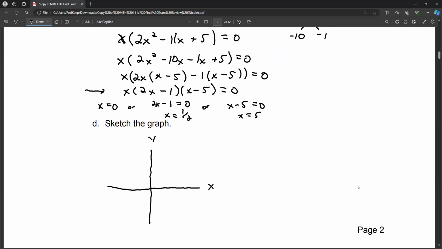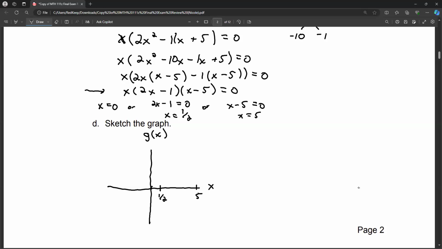Instead of writing y up here, we're dealing with a function g of x. We know that the y-intercept is here at the origin, and we saw the x-intercepts, of course, x equaling 0. Let's mark this as 1/2, and this is approximately about 5.